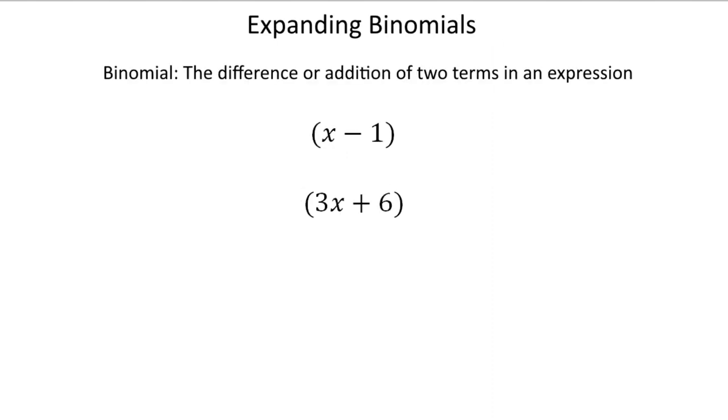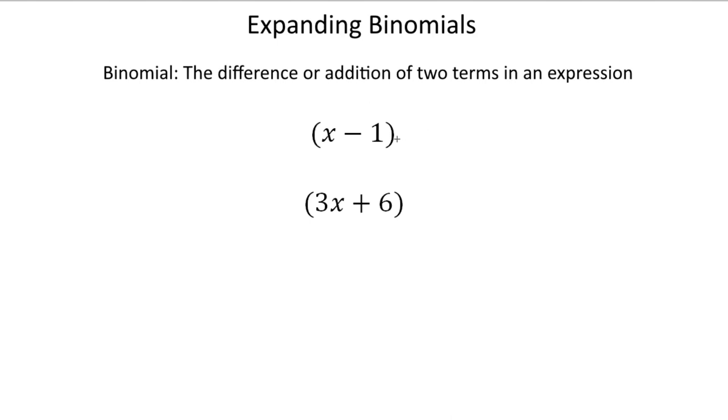So we need to know about binomials. What is a binomial? Well, a binomial is the difference or addition of two terms in an expression. In this case, we have two examples here. X minus 1 is a binomial because it's got x and it's got a 1, and there's a subtraction right in the middle.